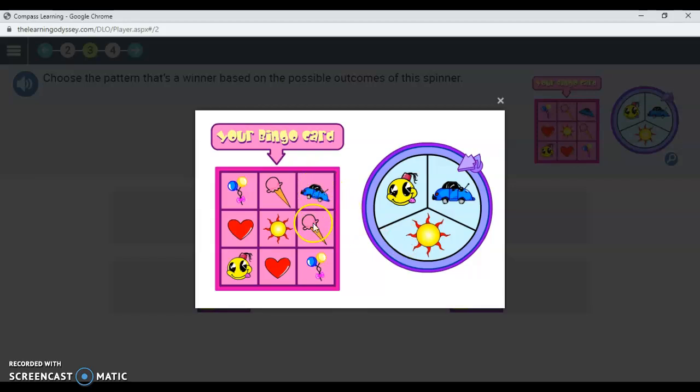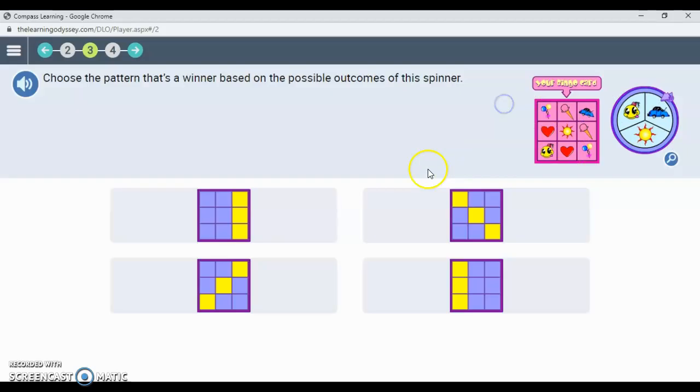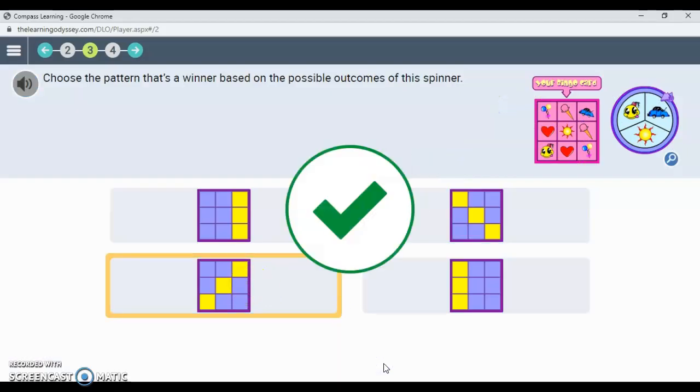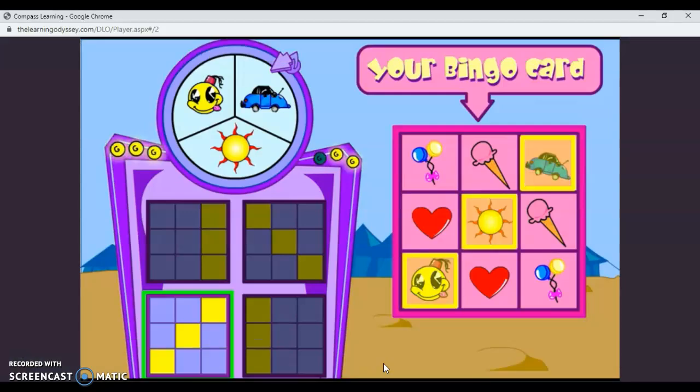So it's going to have to be the sun, the car, and the smiley face. So it's going to go diagonally, 1, 2, 3. I hope that makes sense. So you're going to have to choose this one. We're going to check our answer, and that is correct. This pattern shows the possible outcomes.